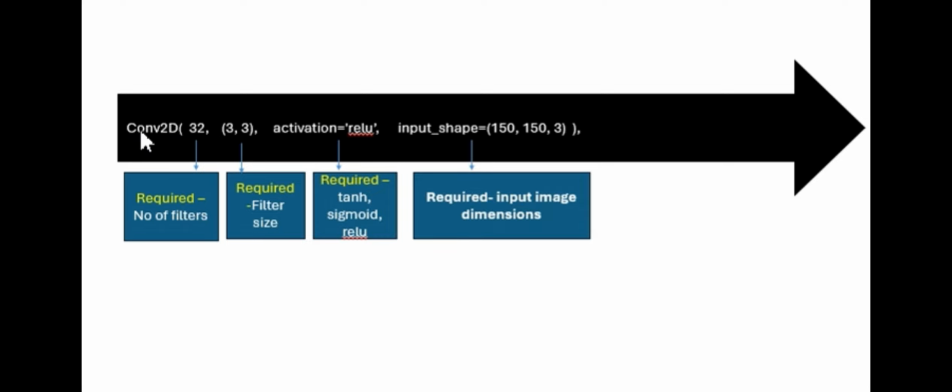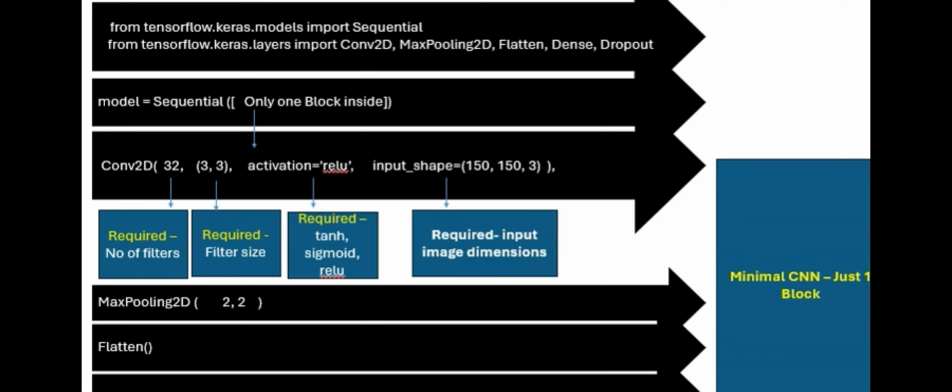After defining a block, the next thing you do is what we call MaxPooling. MaxPooling is very important. Let me show you back in our previous code. We did MaxPooling here: MaxPooling2D 2,2. Why do we do MaxPooling? It's optional, but it's highly recommended for downsampling.